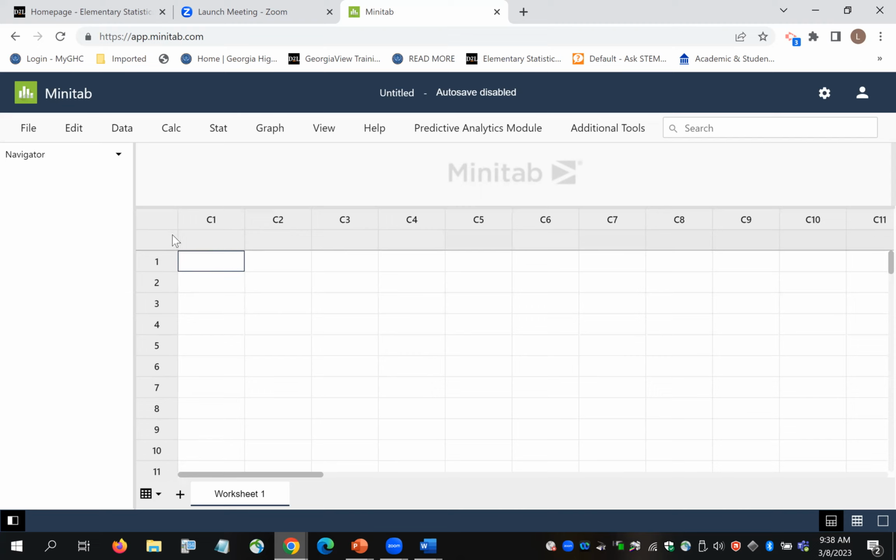The one thing that I like about Minitab that's different is notice how you have this gray area between the column number and the first row. This gray area is where I can indicate what information is in that column.